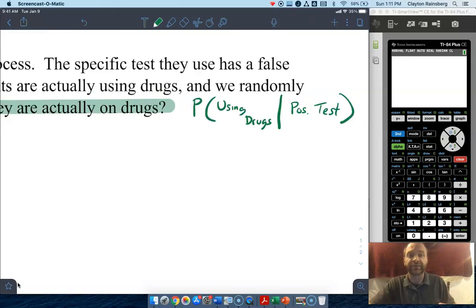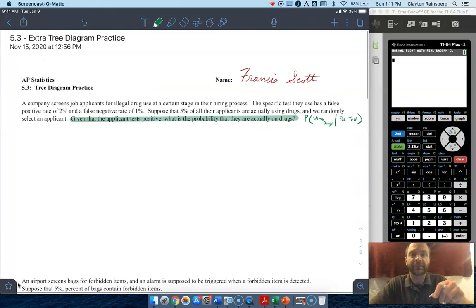We're trying to find the probability that a person is using drugs given that the test comes back positive. To my mind, that shows the real accuracy of the screening test: given a positive test, the person was on drugs. So let's see what that final answer is going to be.